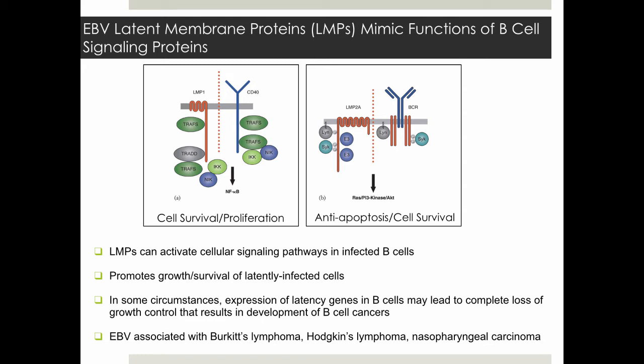So this latent protein 1, latent protein 2A, both of these serve as signals for proliferation of cells that otherwise would not be undergoing proliferation. So B cell proliferation, and also one really good way that cells escape from being infected by viruses is to undergo apoptosis. Here, this is an anti-apoptotic function of these latent genes.